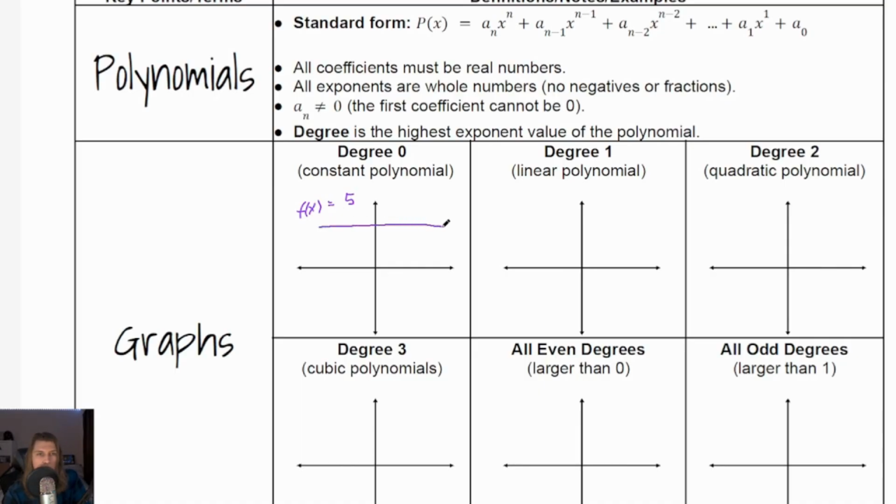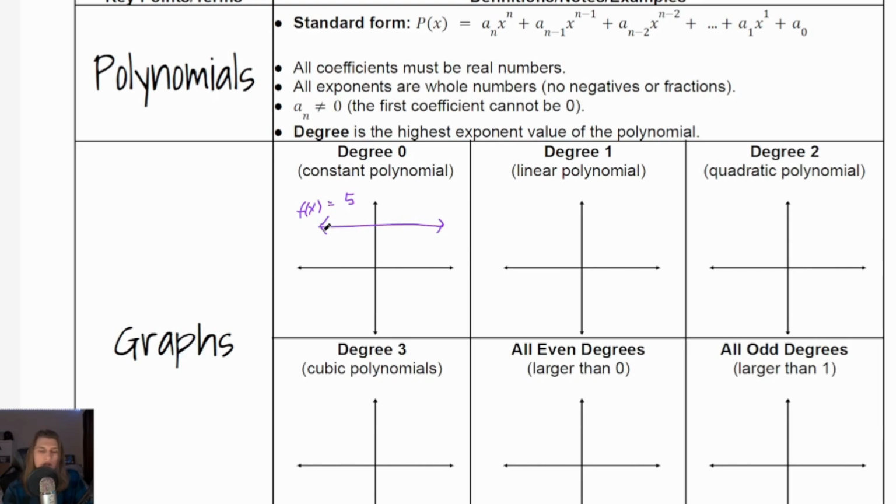I'm going to do my best to draw a horizontal line. We have our line here, we have the arrow on the other side. So it is just a horizontal line if the degree is 0. We also know this as a constant polynomial.